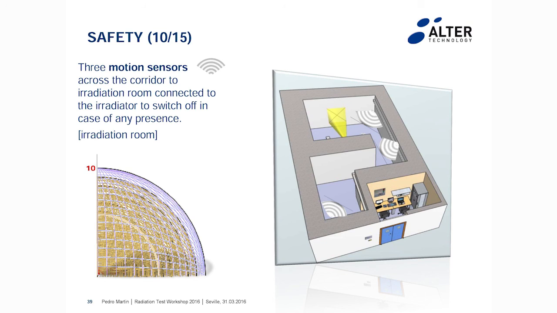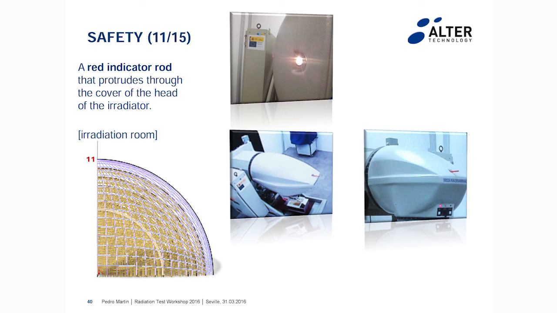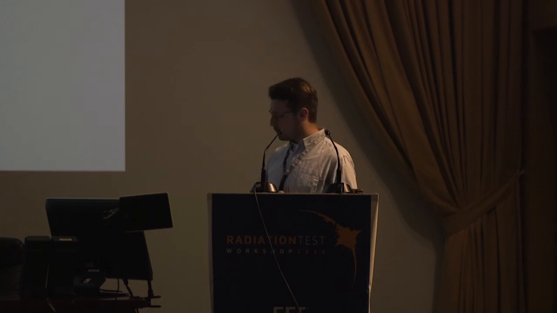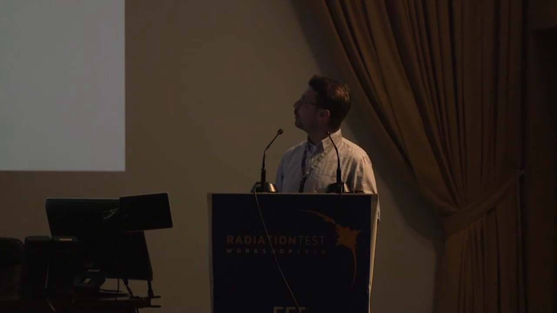But if not, if you finally manage to enter the radiation room, the motion sensors, 3 motion sensors, will stop the radiation. If you manage to enter, you will see a red indicator rod that is connected physically to the radiation source through the head of the irradiator, but maybe you don't see that.